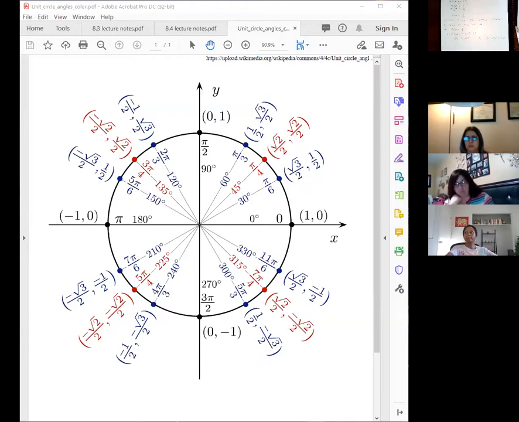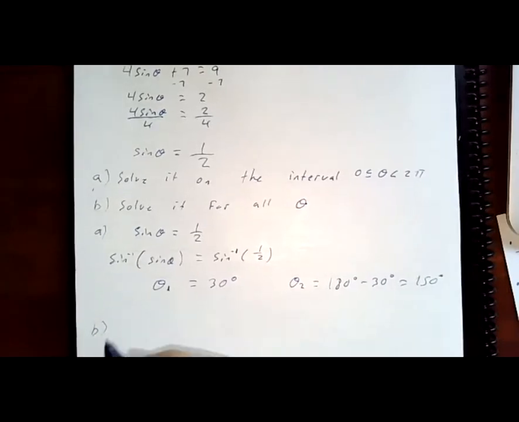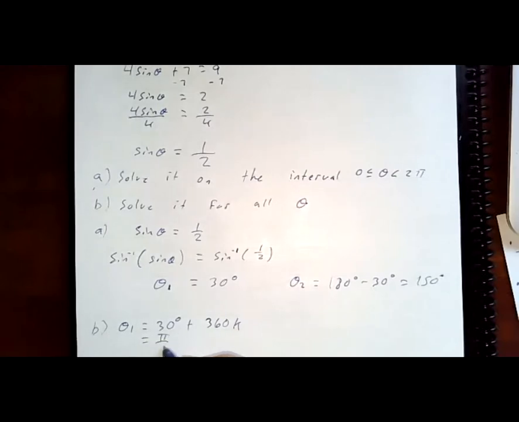But if you say for all theta, meaning there is no restriction, so for part B, the first set of solutions, theta 1, would be 30 degrees plus 360K, the book likes to use K, or pi over 6 plus 2K pi.